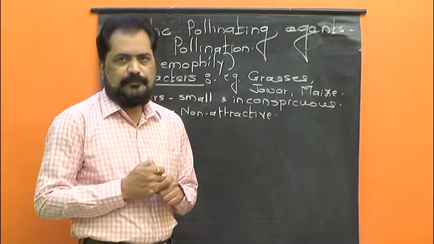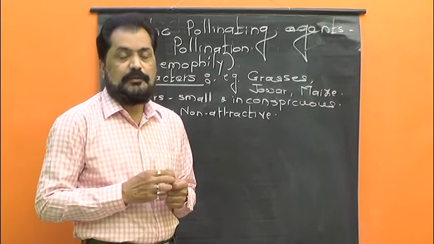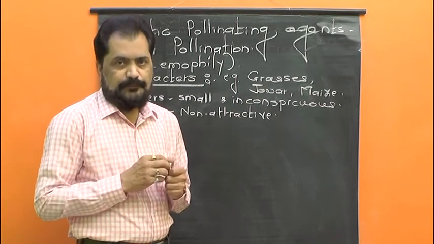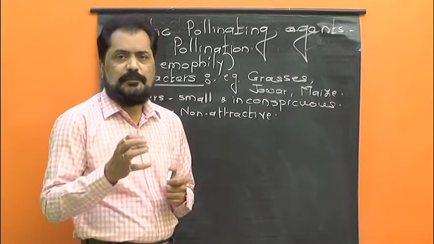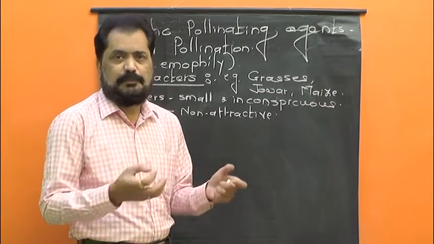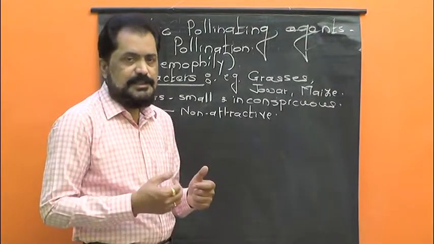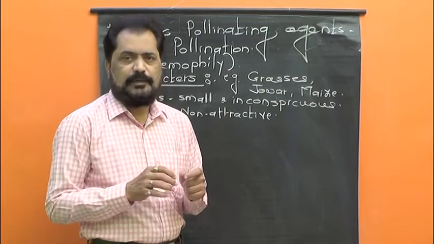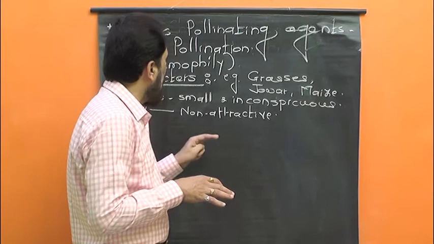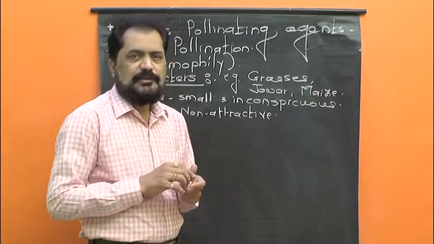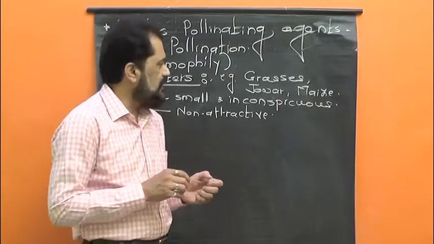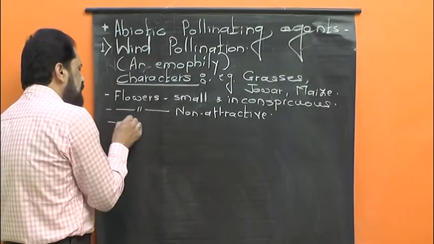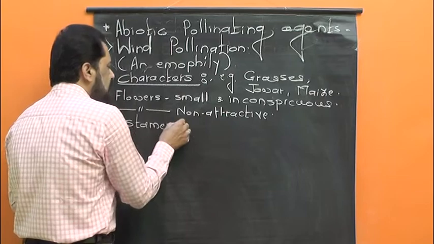We are all aware that colorful petals, nice fragrance, that is odor, as well as nectar, are all devices necessary to attract insects, birds, bats, etc. But as in these flowers pollination is carried out with the help of wind, there is no need of such devices, and hence the flowers are non-attractive, inconspicuous, and small.